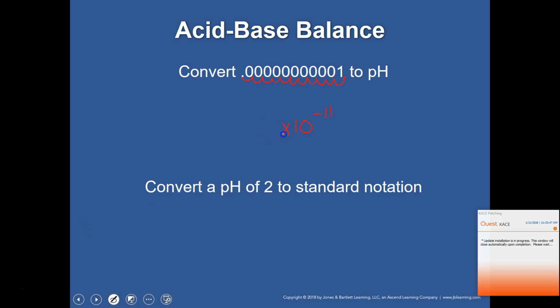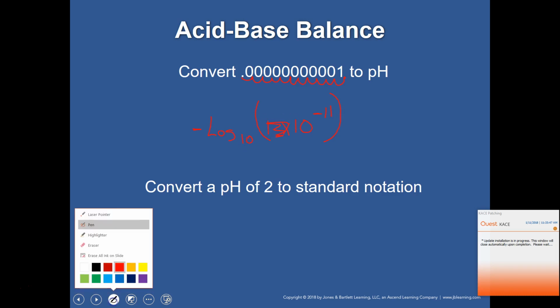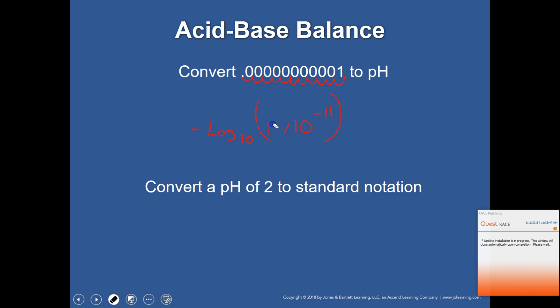So in order to convert that to pH, we need to put it in scientific notation, okay? All right, so we put it in scientific notation. Then we need to put it in parentheses, put negative log with 10 down there below it. Now, what we can do with this is we can eliminate this right here, because 10 times 1 is 10, so we don't really need that there.